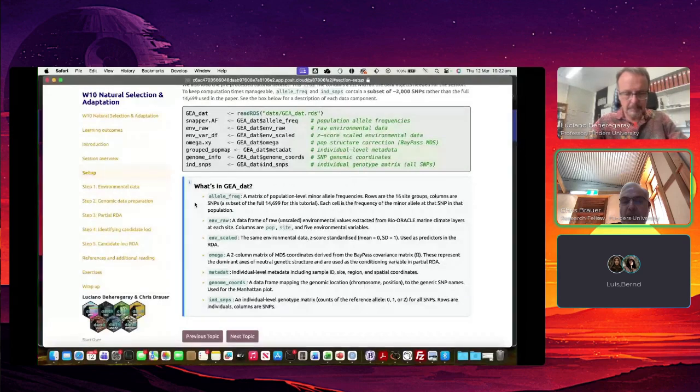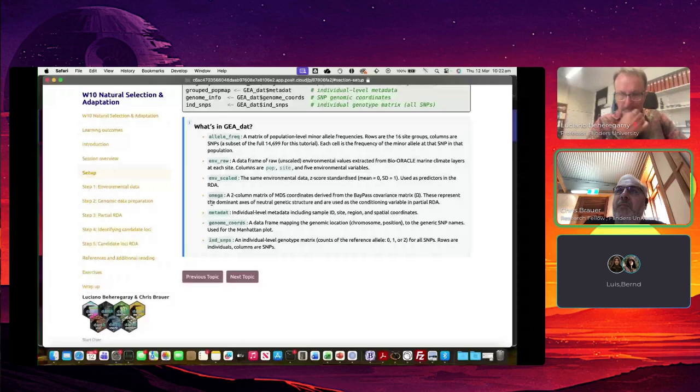The environmental data is downloaded from Bio-ORACLE, and we've got both the raw data and some scaled data to put everything on the same scale, so you can compare vastly different environmental variables. The range of salinity is very different to the range of temperature, for instance, and so transforming them with Z-scores is a way to make them more directly comparable.